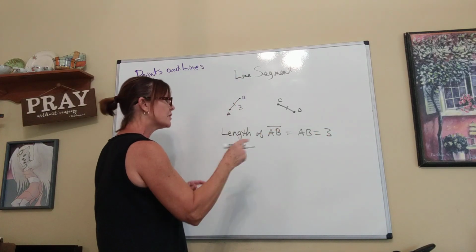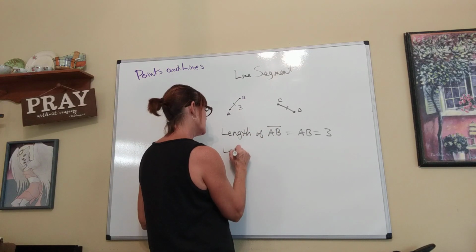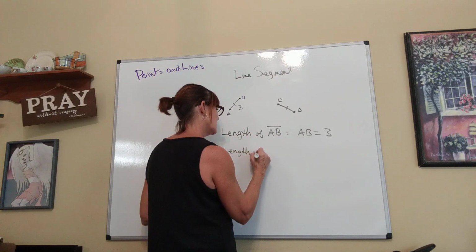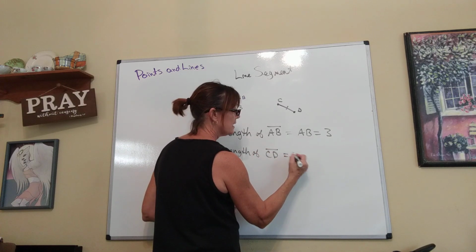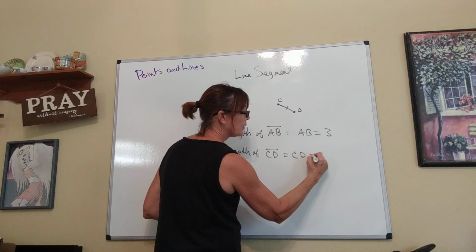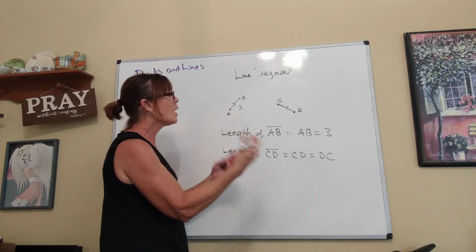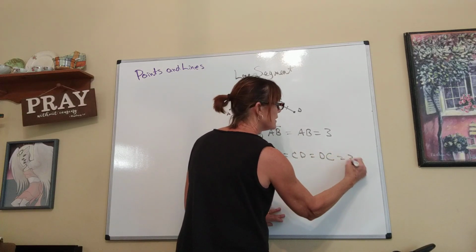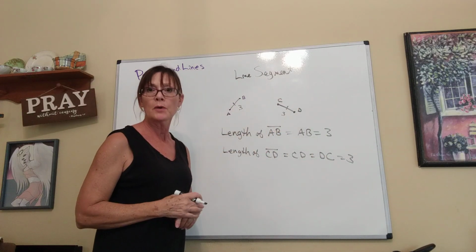So if it turned out that the length of this line segment CD, which we indicate by CD, and we could also call that DC, the order doesn't matter, is also 3, that's when we could put this little 1 hash mark between both of those.